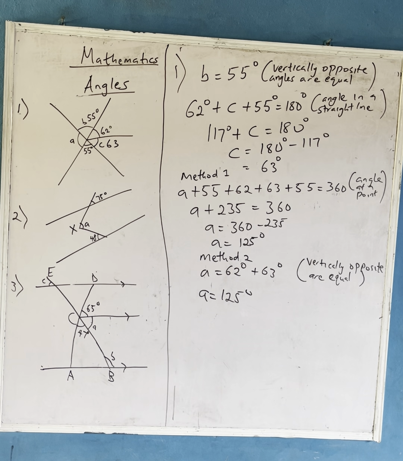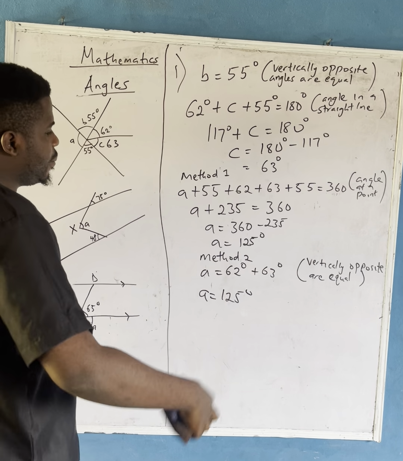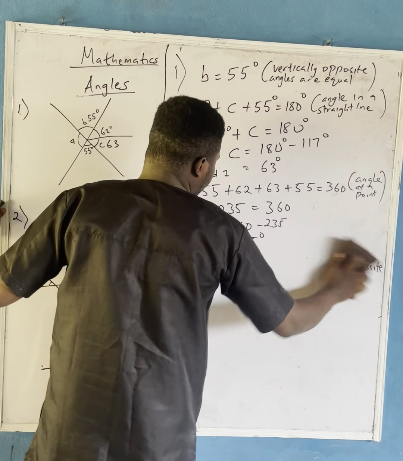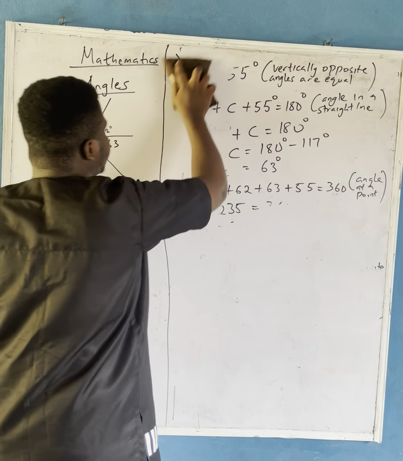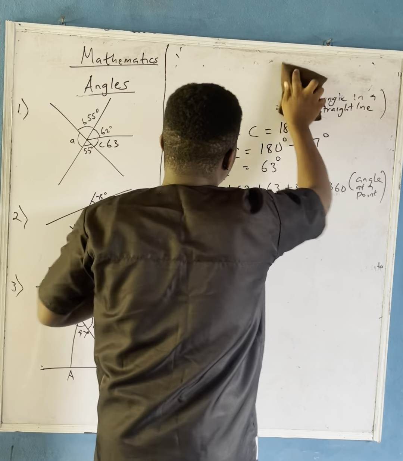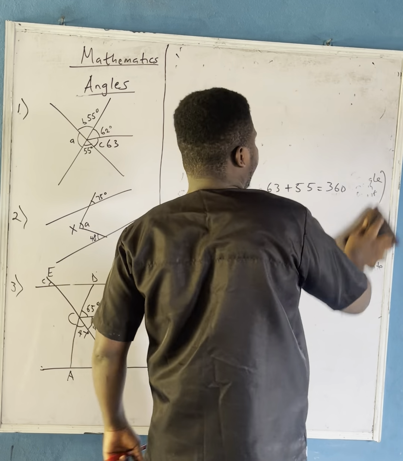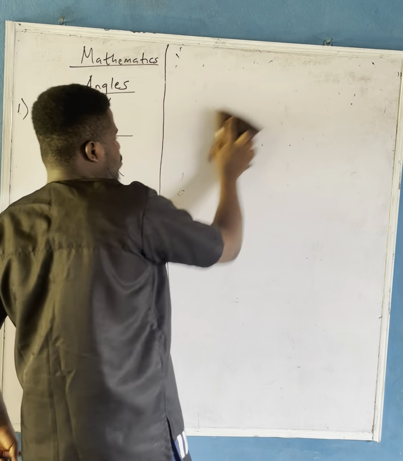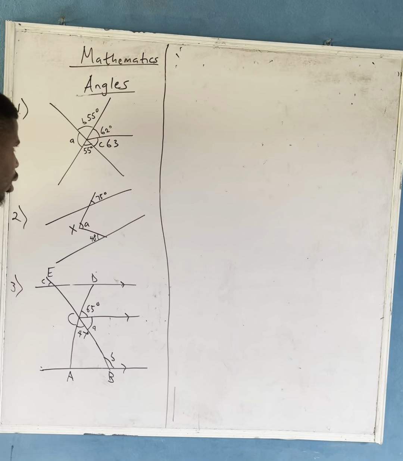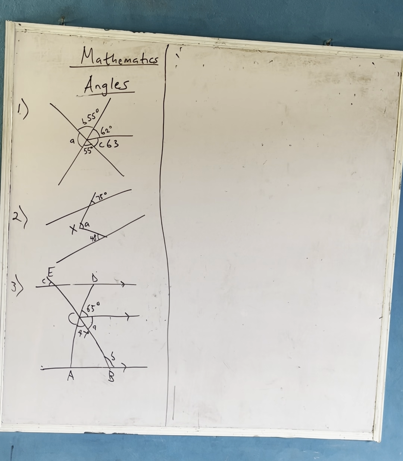As simple as that. So let me do the second one also. Just look at it. You can pause the video to look at it. Look at this angle now.